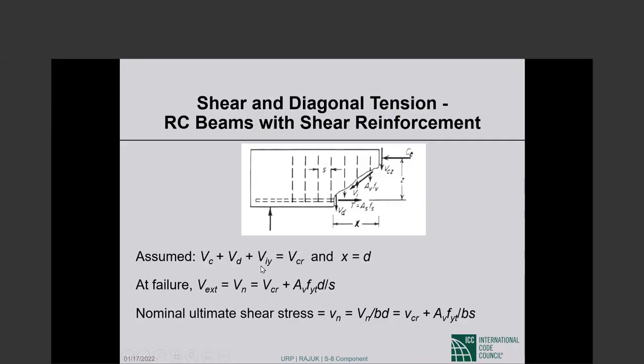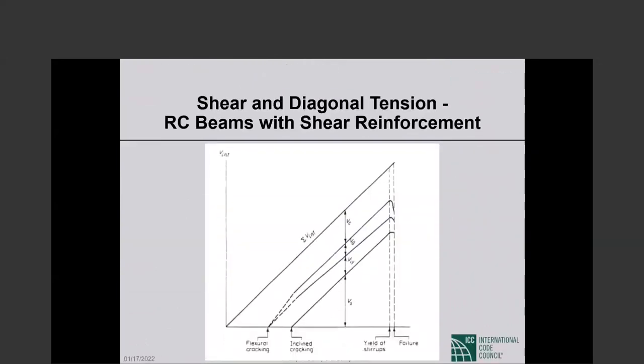The nominal shear strength is the diagonal cracking strength of the concrete in shear, and the shear that is resisted by the vertical shear reinforcement. Okay. Now we are showing the contribution of the various components to shear resistance. This is shear resisted by the compression concrete, shear resisted by dowel action, shear resisted by aggregate interlock, and this is shear resisted by the stirrups.